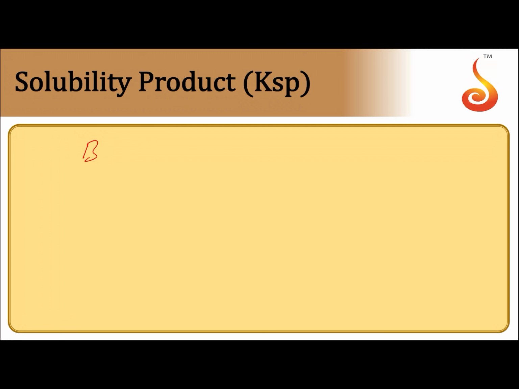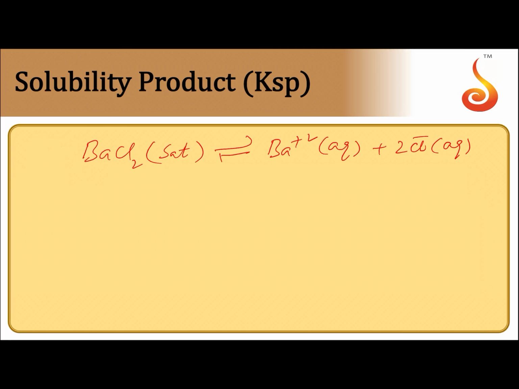Let us take a compound like BaCl2. Take a saturated solution giving Ba plus 2 aqueous plus Cl minus aqueous. This represents the dissociation of an electrolyte. Now the Ksp of BaCl2 is the product of the ionic concentrations of Ba plus 2 and Cl minus raised to the power of their respective coefficients.